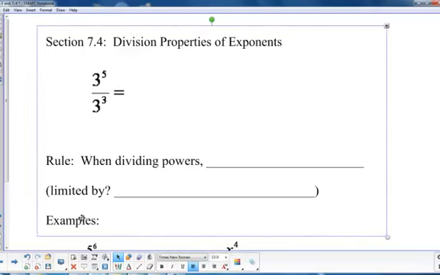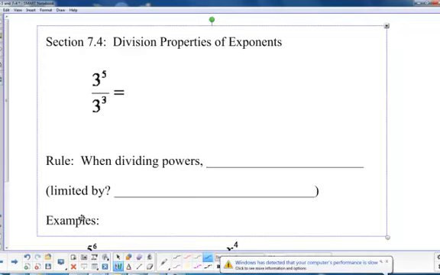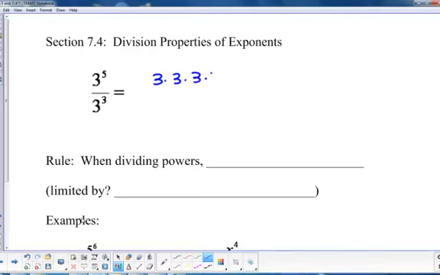All right, so this section is about negative exponents, and from here on out, you really don't want to have negative exponents at all. I kept saying in the other one it's not a huge deal, and now it is, because this is where you learn that a negative exponent needs to become positive. So if there's 5 3's on top, and if there's 3 3's on the bottom, those cancel, and we're left with a 3 squared.